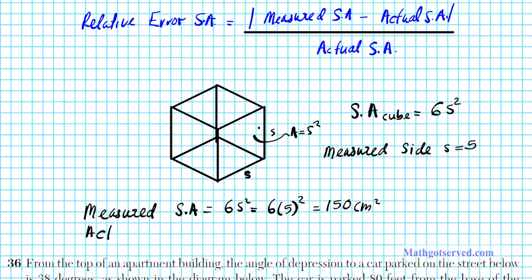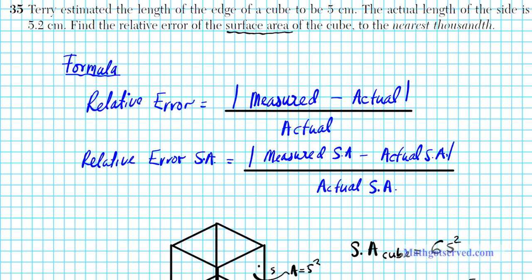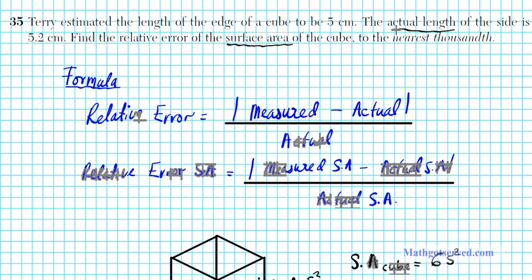Now, next thing we need is the actual surface area. Okay, actual surface area is dependent on the actual side measure. Okay, so the actual side s is going to be 5.2 centimeters. Let's make sure, because if you look at the problem, it says the actual length of the side is 5.2 centimeters.